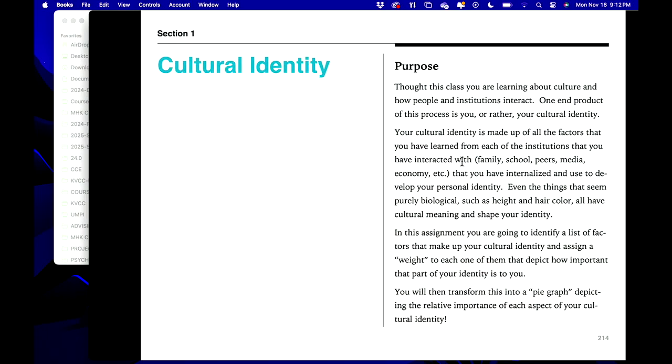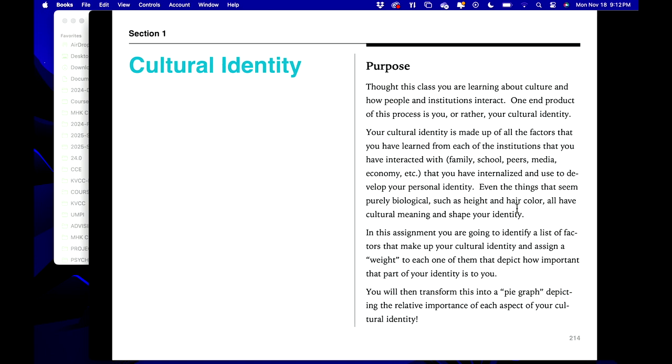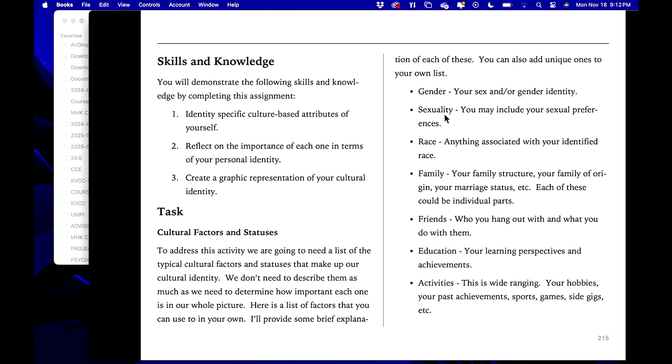So your cultural identity is made up of all the factors that you've learned from the institutions and your family and people you've interacted with. I'm going to have you construct a pie graph or pie chart, and it's going to cover these areas.